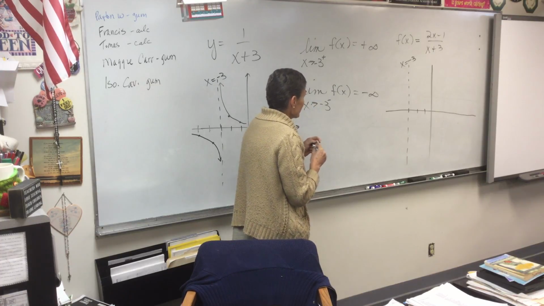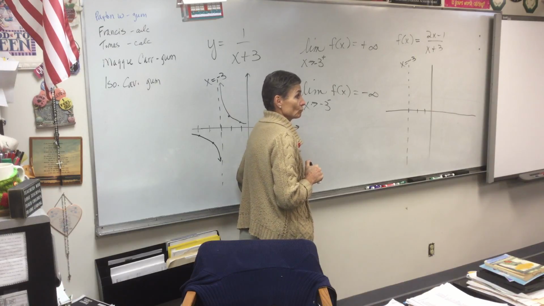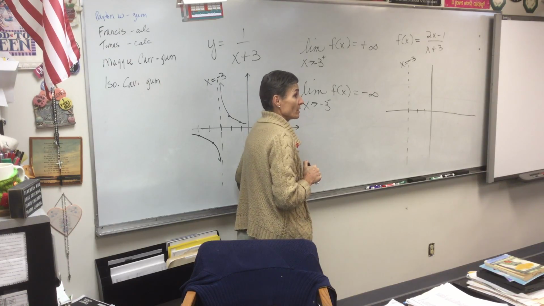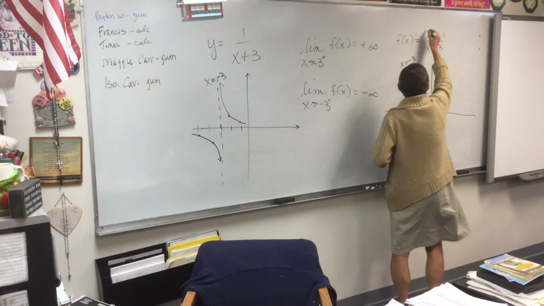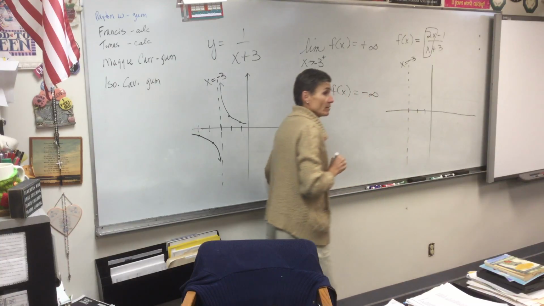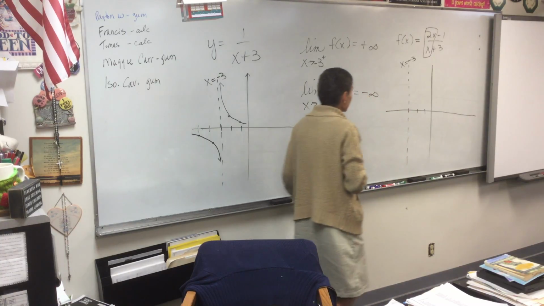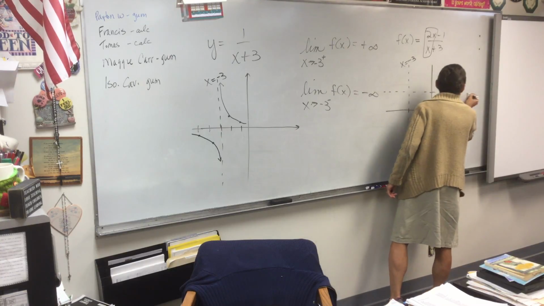All right, anybody remember anything about a horizontal asymptote maybe? It's going to be y equals something. 2. It's going to be y equals 2. Remember that whole thing about comparing those? So your horizontal asymptote is at y equals 2.